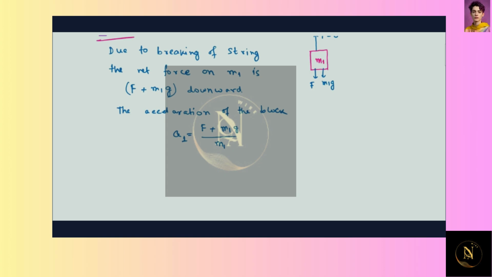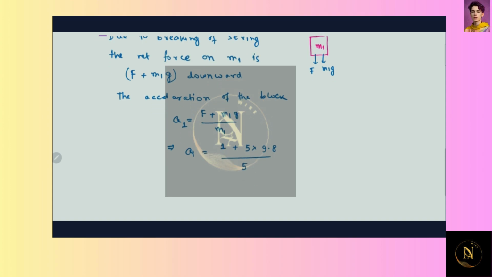So by putting the values, we will get A1 equals F is 1, plus M1 is 5 kg, g I can take 9.8, divided by M1 which is again 5 kg. On simplifying this, we will get A1 equal to 10 meter per second square. Thus we can conclude that this first block after the breaking of the string will keep moving downward with an acceleration of approximately 10 meter per second square.